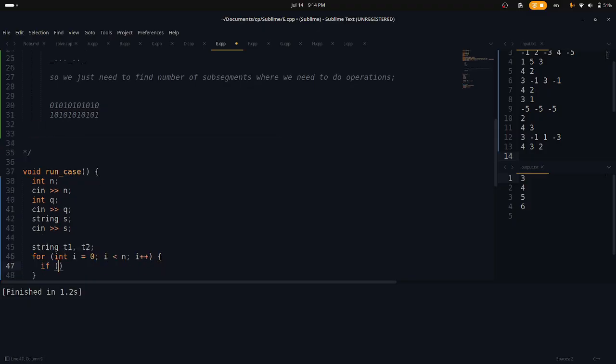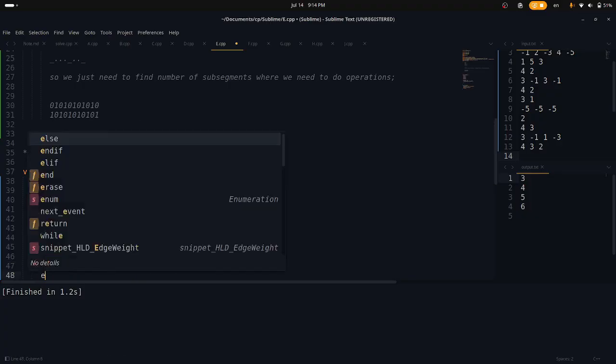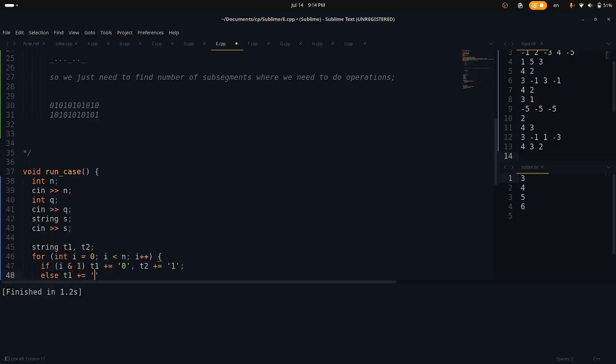So if i is odd, then t1 plus equals 0 and t2 plus equals 1, else t1 plus equals 1 and t2 plus equals 0.